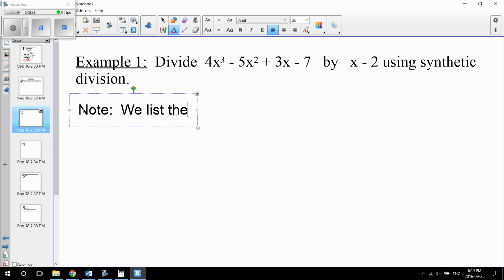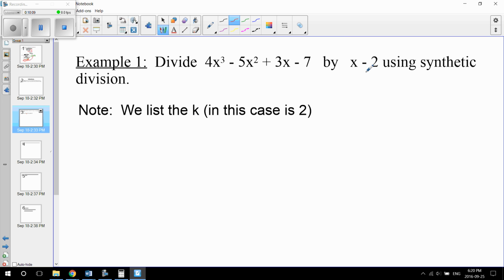So we list the k, which in this case is 2. And that's because this is a 2 here, and when it's a minus, it's going to be the opposite. So in this case, our k value is going to be a positive 2 because in the factor, it's a negative 2, just like when we're looking at roots.